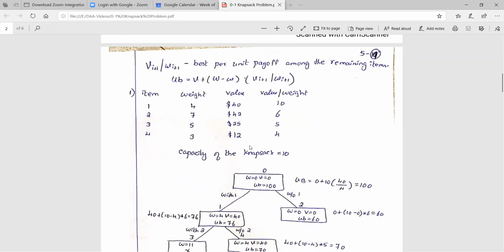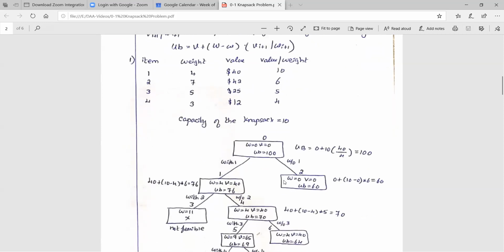UB is equal to v, which is 0, plus W minus w, where W is the capacity of the knapsack, so 10 minus 0, which is 10, times v(i+1) divided by w(i+1). Here v(i+1) is 40 and w(i+1) is 4, as already calculated. So 40 divided by 4 is 10, and 10 times 10 gives 100. So the upper bound value for this problem is 100.